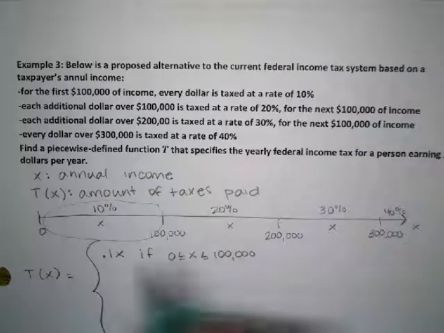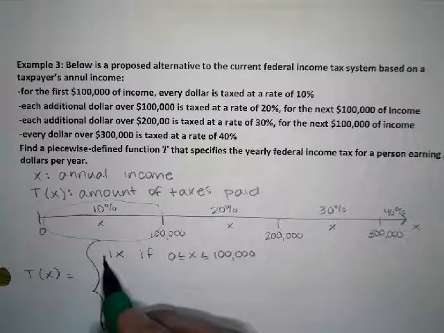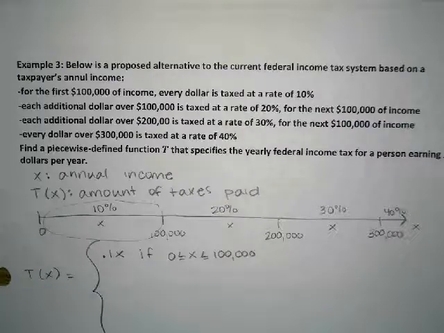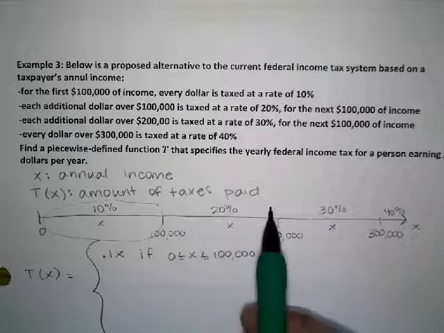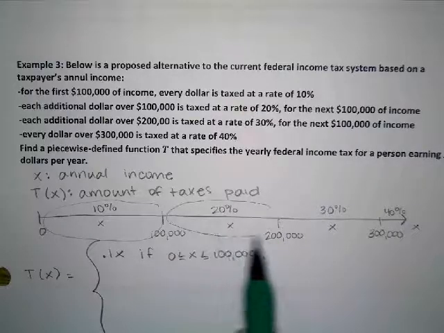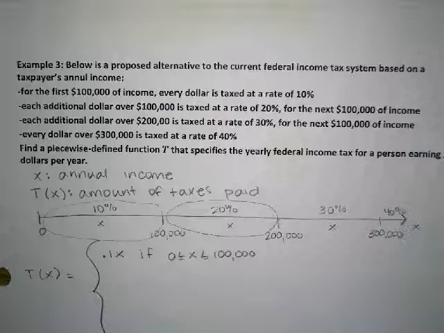So the 0.1 is how we do percentages. So the 0.1 is 10%. Okay. Now, if you are in this bracket right here, what can we assume has already happened? You have already paid 10%, and you've already paid 10% for $100,000. You are now past $100,000.